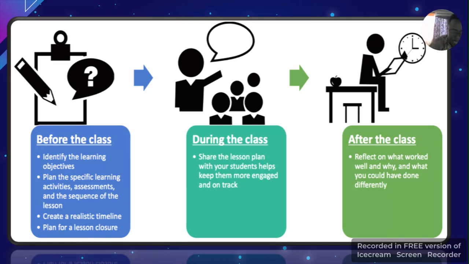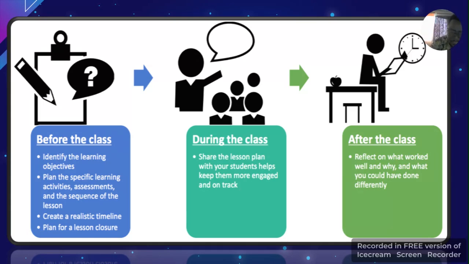Plan the specific learning activities, assessment, and the sequence of the lesson: how the lesson will go, how it will flow, the activity that will be involved in the lesson delivery. Create a realistic timeline. How many minutes will you use to do this, to do that? Then plan for a lesson closure. The lesson closure is very, very paramount.